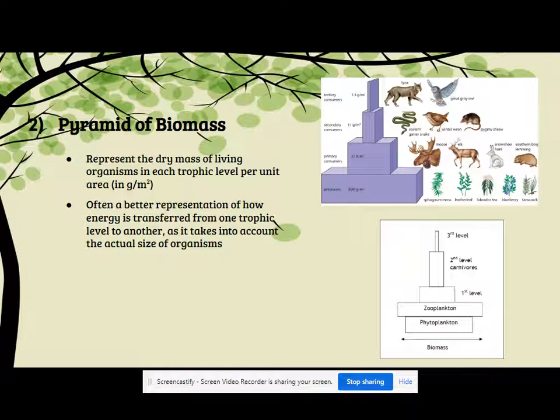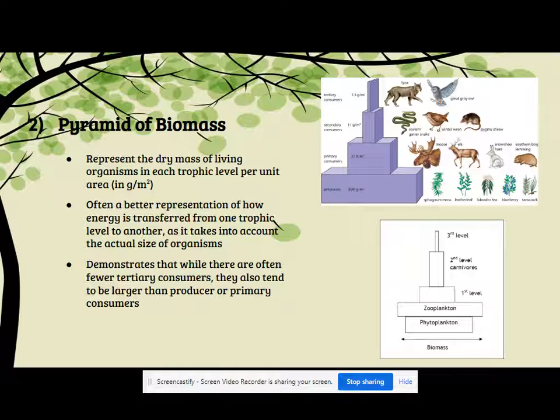Okay, so energy does transfer as we go up, and even though a lynx weighs more than a blade of grass, if you were to weigh all of the blades of grass versus a lynx, you're going to wind up with a heavier amount of grass. I don't know if you've ever mowed a lawn before, and then you've collected the grass clippings. Even though it doesn't look like they have a lot of weight, you can fill up garbage bags that are way more than the weight of a lynx.